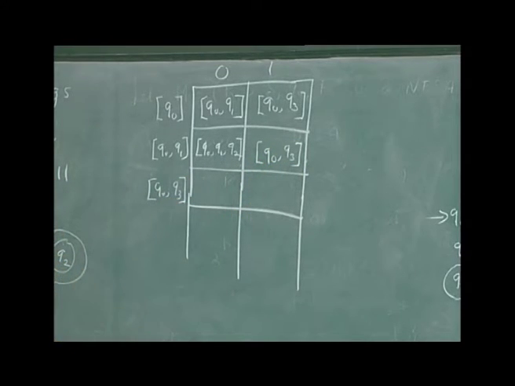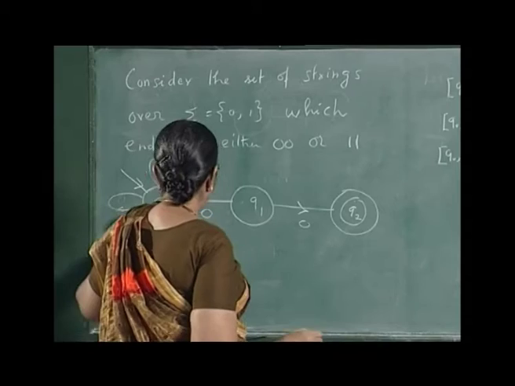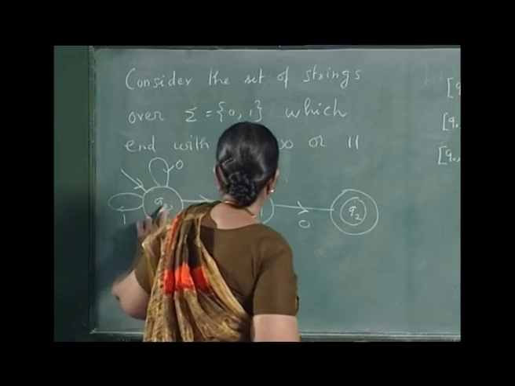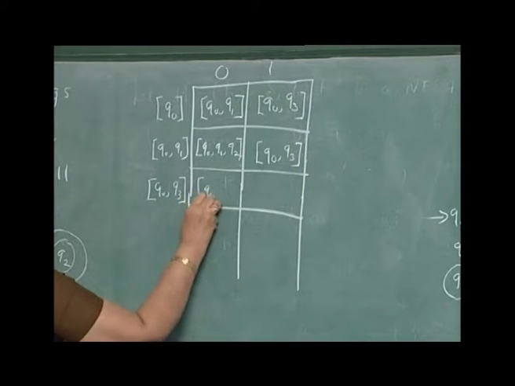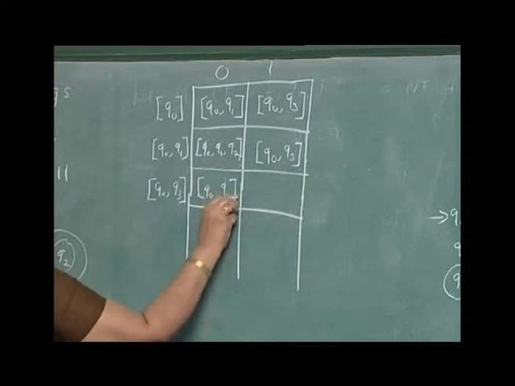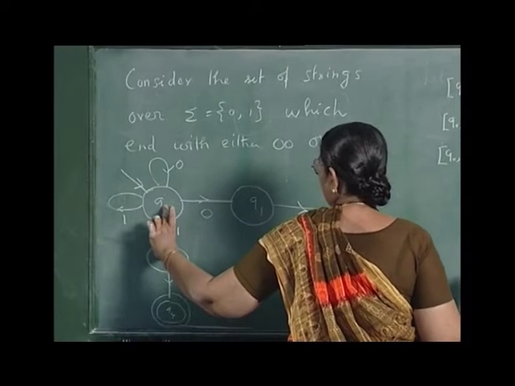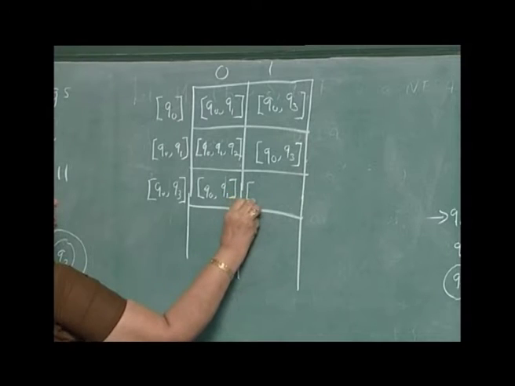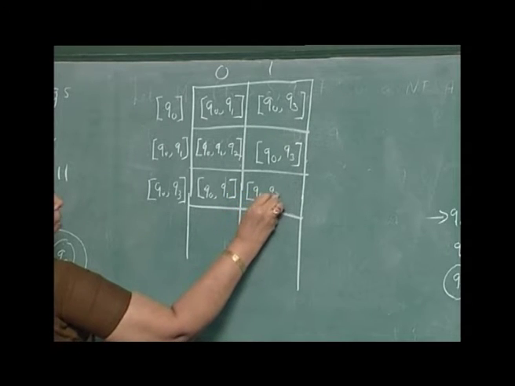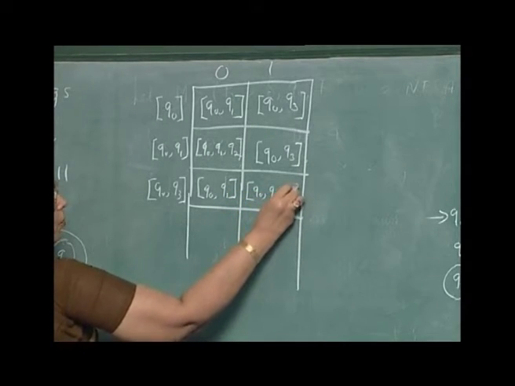And here again you get this. From Q naught or Q3 if you get a 0, you get again Q naught or Q1. If you get a 1, you can go to Q naught, Q3 or Q4.